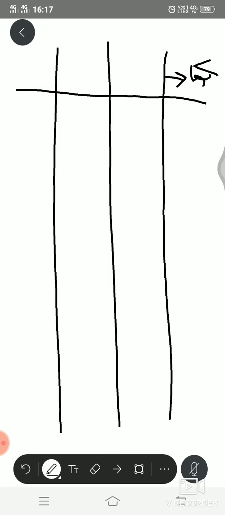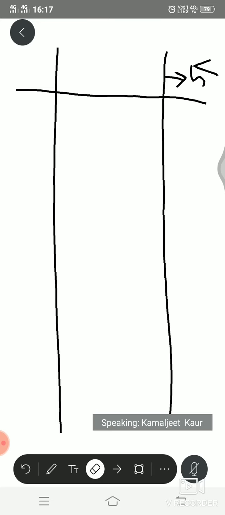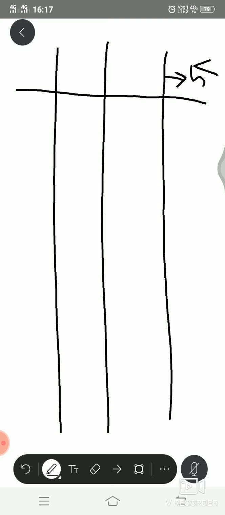First one is Vs, second is V naught, and third is your I naught, the load current.